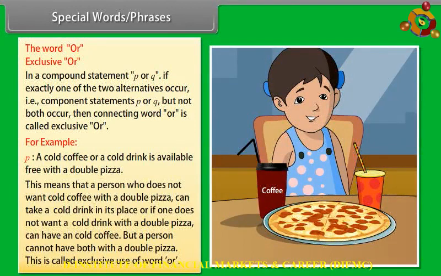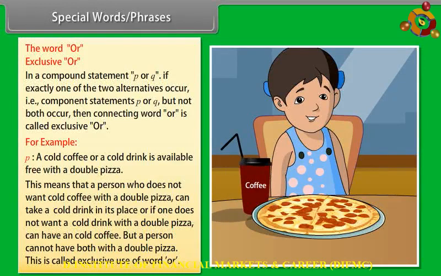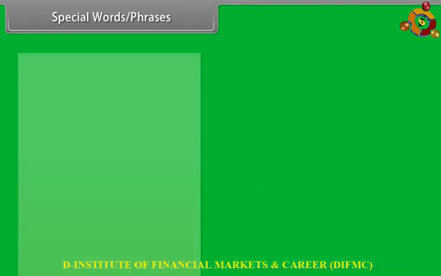This means that a person who does not want cold coffee with a double pizza can take a cold drink in its place. Or if one does not want a cold drink with a double pizza, can have a cold coffee. But a person cannot have both with a double pizza. This is called exclusive use of the word "or".